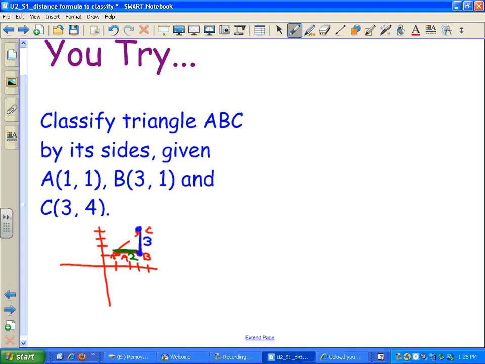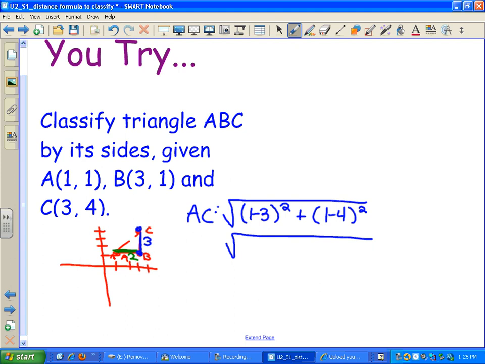So now I need to find the distance between A and C. So A and C is going to be the square root of 1 minus 3 squared plus 1 minus 4 squared. So the square root, 1 minus 3 is negative 2 squared, plus 1 minus 4 is negative 3 squared.